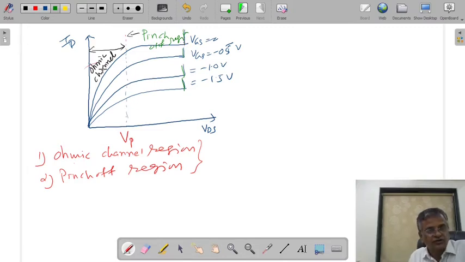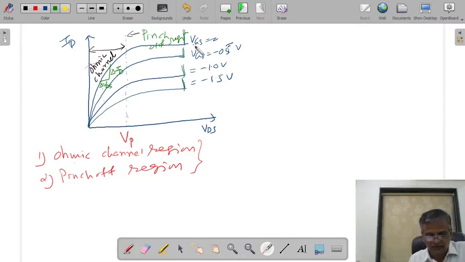So what is the importance of this? That I am discussing. From this graph you can find the slope, delta ID upon delta VDS. You can find the slope of each line, and the slope of each line will be different.